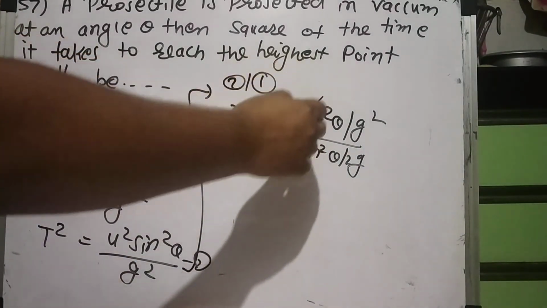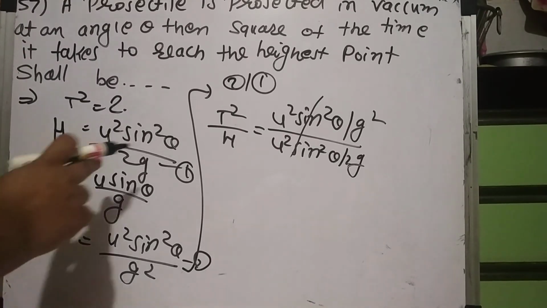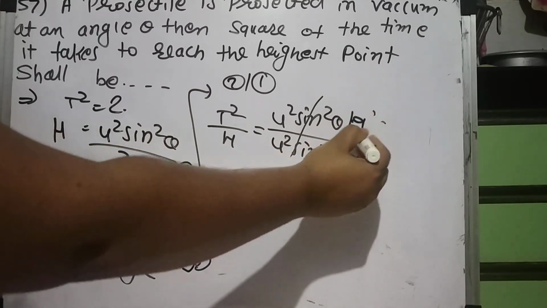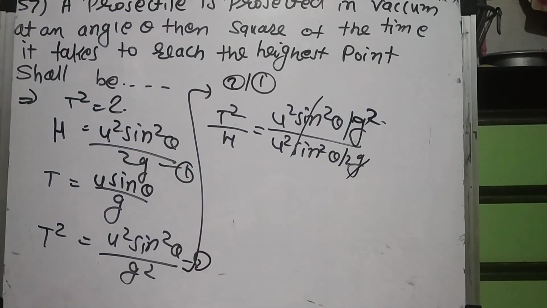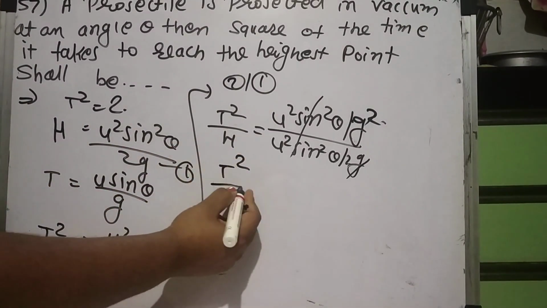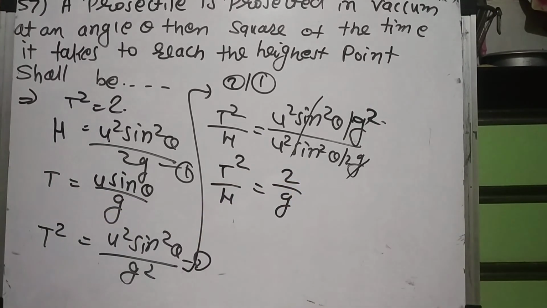U square sine square theta cancels. Then g and g cancel, and t square by h is equal to 2 divided by g.